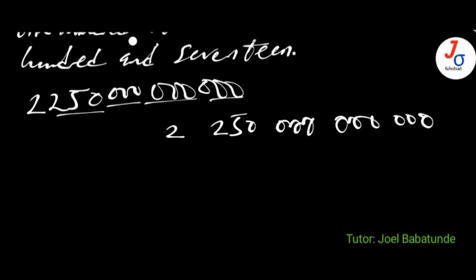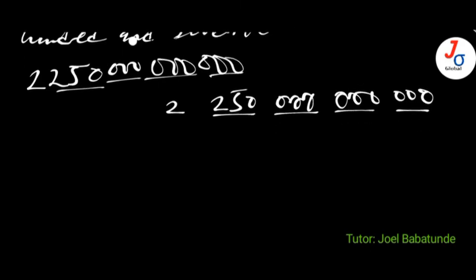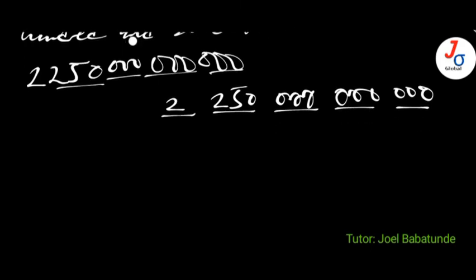Okay, so I've written this in threes. Then that tells us 3, 6, 9, 12. Now this case is trillion. So how should you write this in words? That will be 2 trillion 250 billion. All of the rest is just 000.